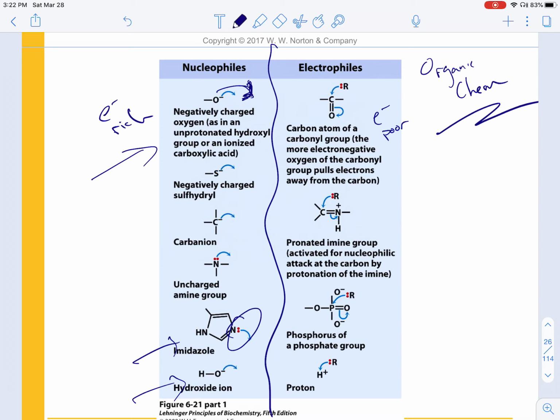And electrophiles tend to be things like a carbon that's attached to an oxygen and a carbonyl. The oxygen is going to pull the electrons towards it, leaving that carbon electron deficient. Also, the carbon in an imine group or the phosphorus in a phosphate group.